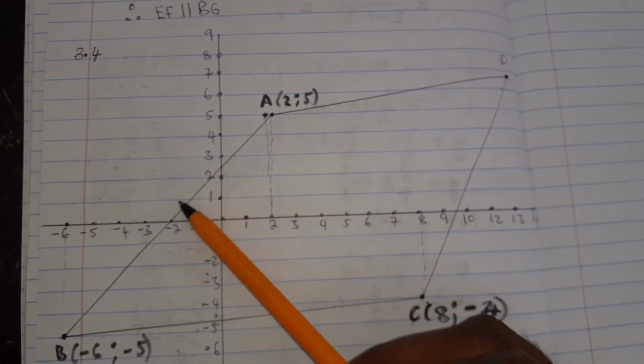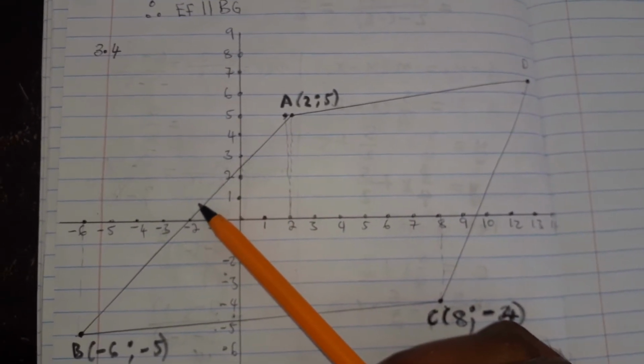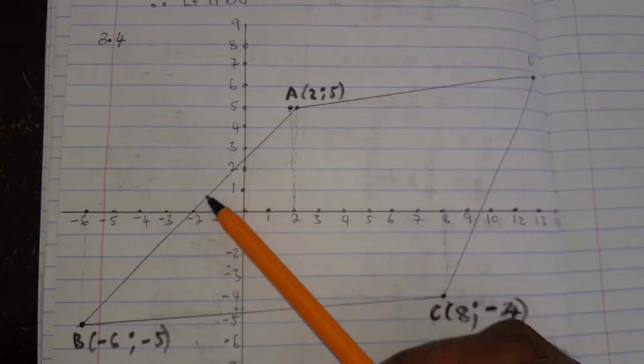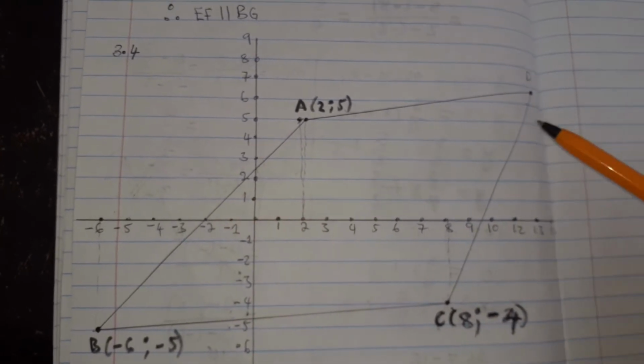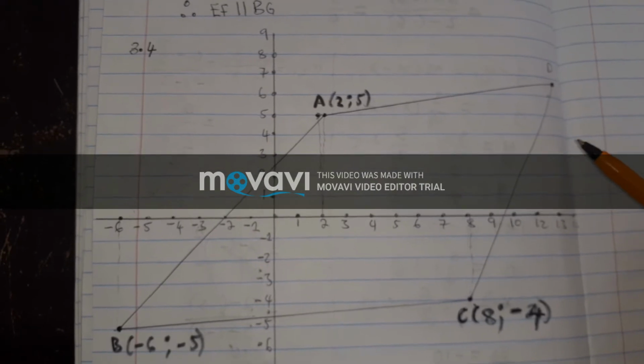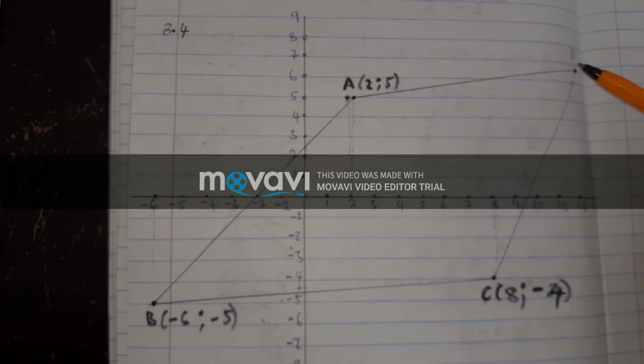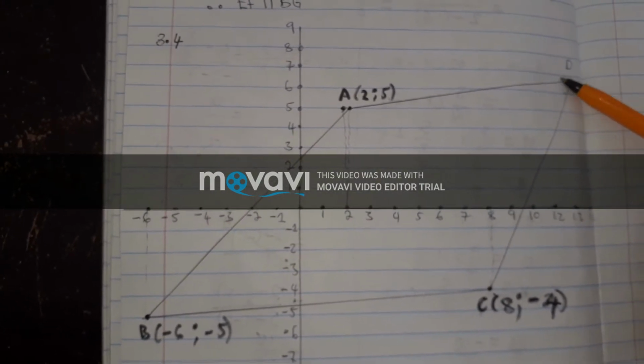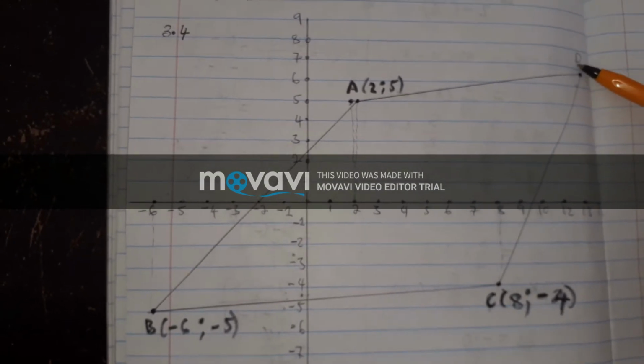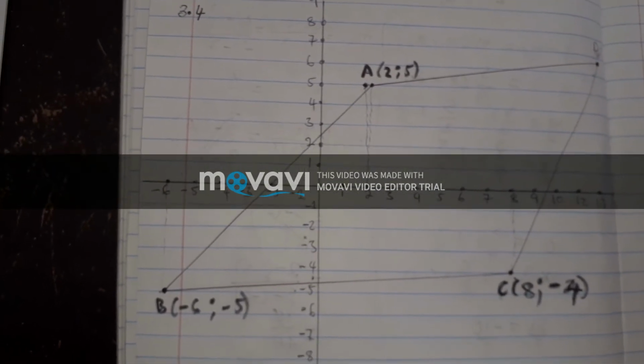a parallelogram is a simple quadrilateral with two pairs of parallel sides, right? Since it is in the first quadrant, you can just draw it anywhere on the first quadrant, right?